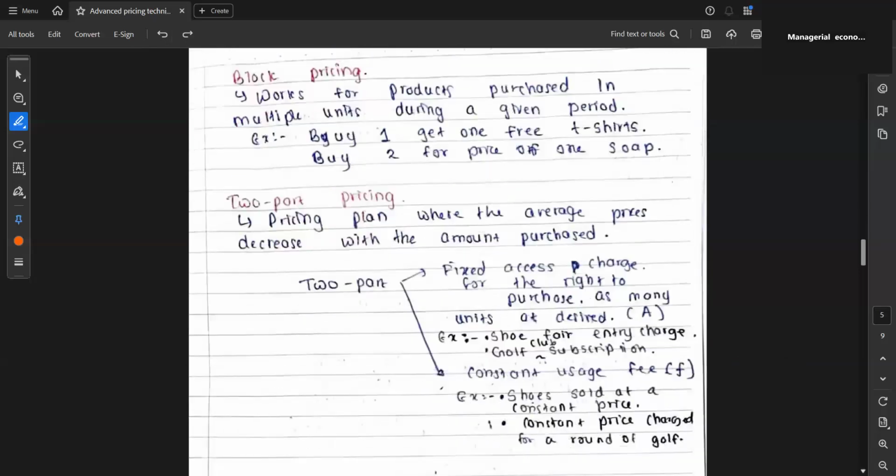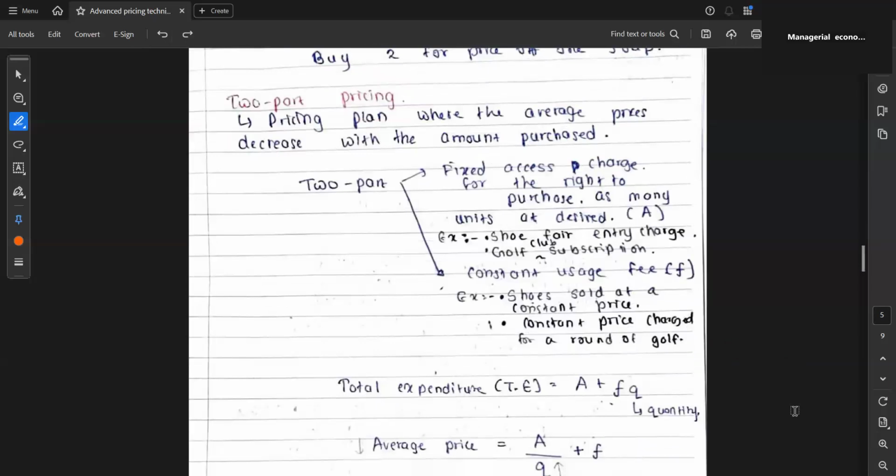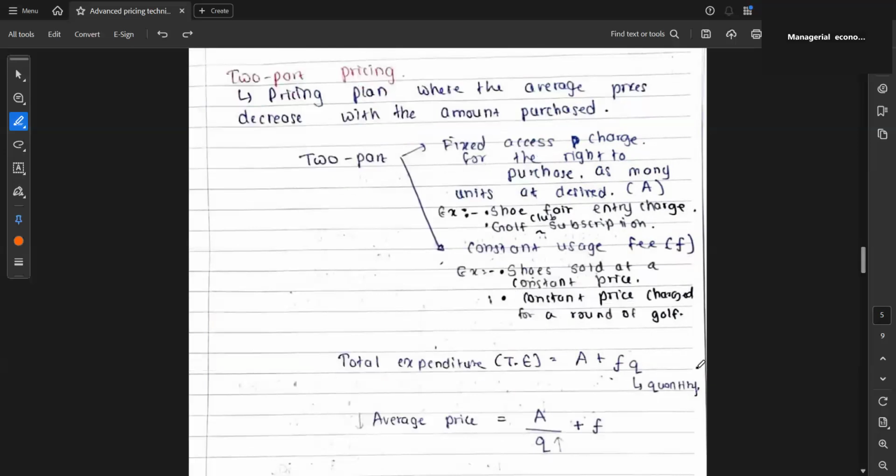Two-part pricing. Pricing plan where the average prices decrease with the amount purchased. An example for two-part pricing is, let's say, a shoe fair. At the entrance, you have to get a ticket, and the entrance fee can be quite costly.